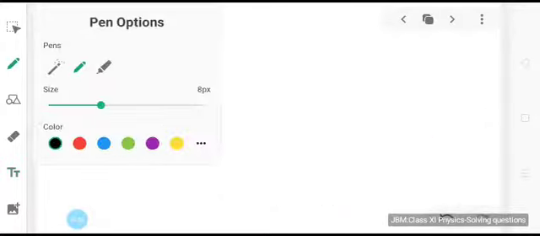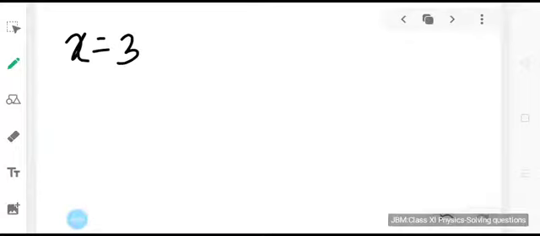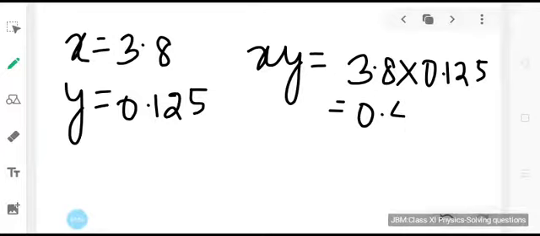For example, if x is equal to 3.8 and y is equal to 0.125, then x into y will be equal to 3.8 multiplied by 0.125, that will be equal to 0.475.